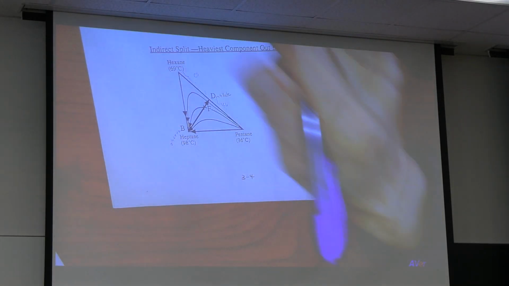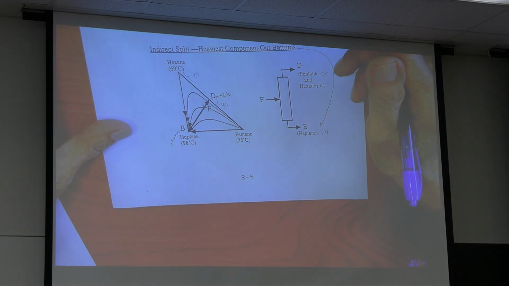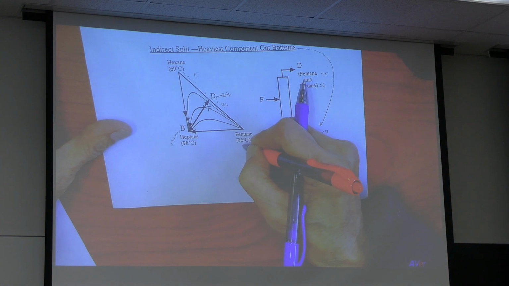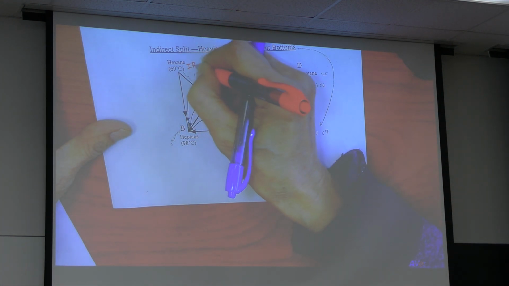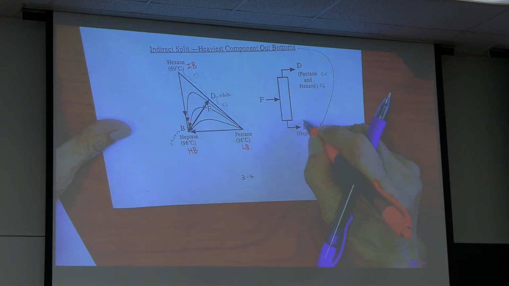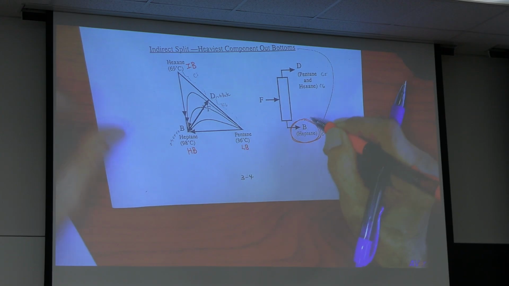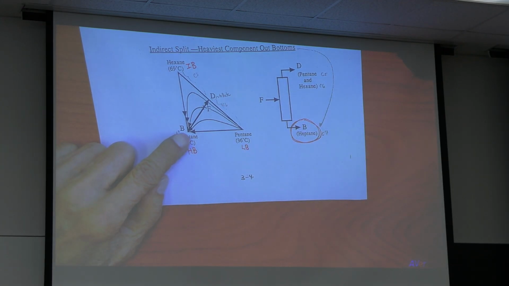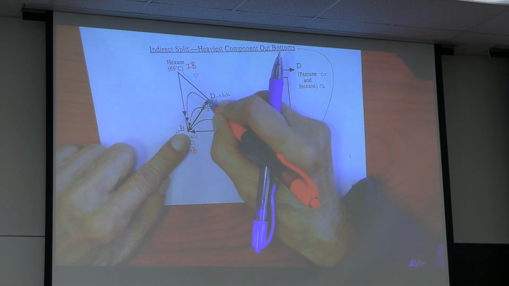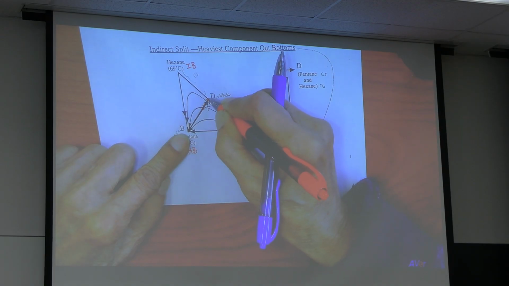For the same problem, you want to get, look at it, low boiling, intermediate boiling, highest boiling. You want to get highest boiling at the bottom. That means your column passing through the feed is this line.